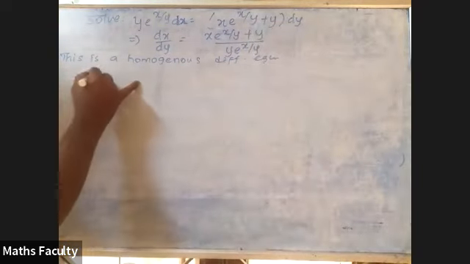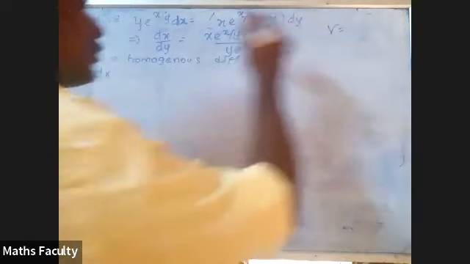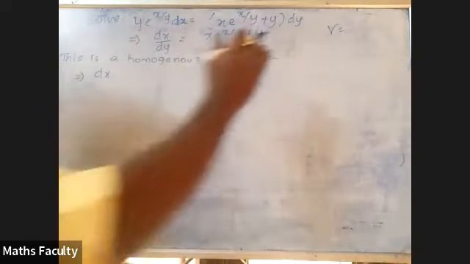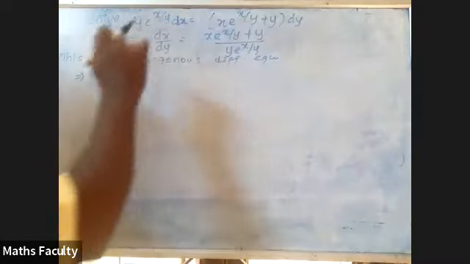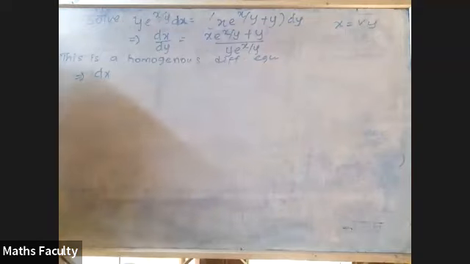Now we have to find out dx by dy. Let v is equals to, usually y is equals to vx. But here, in terms of dx by dy, just change x is equals to vy, like the last problem.